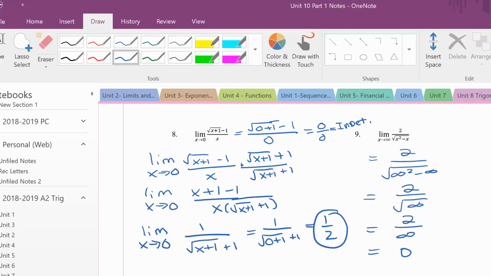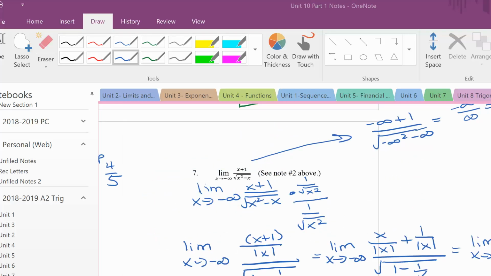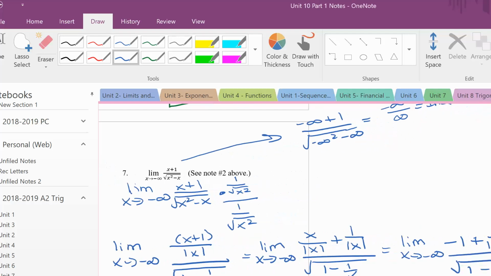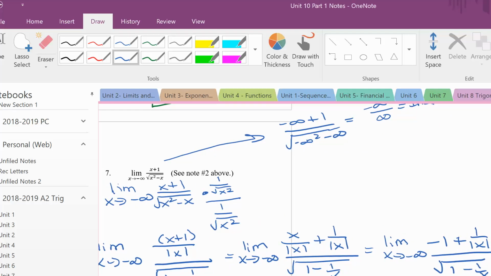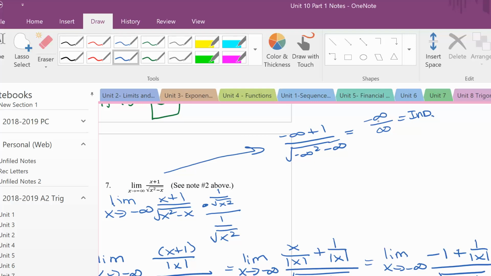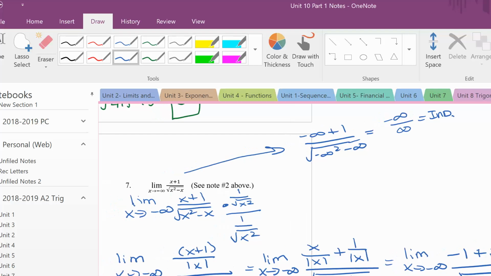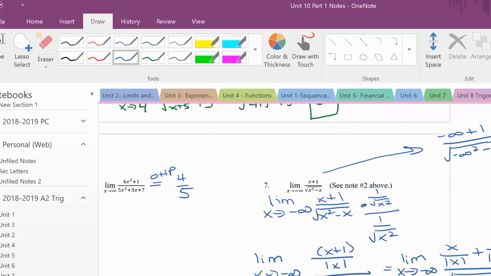Now the reason why you can put in infinity here, but then you can't up here, is because notice if you put in the negative infinity here, it gives you negative infinity plus 1, which is infinite. And the square root of infinity is infinity, so infinity over infinity is still indeterminate. So that's why you have to do the algebra on number 7, but not on number 9.